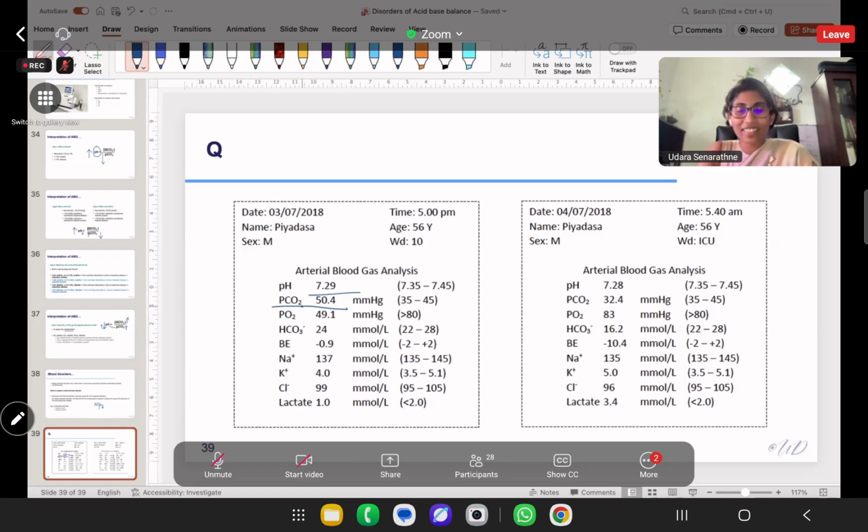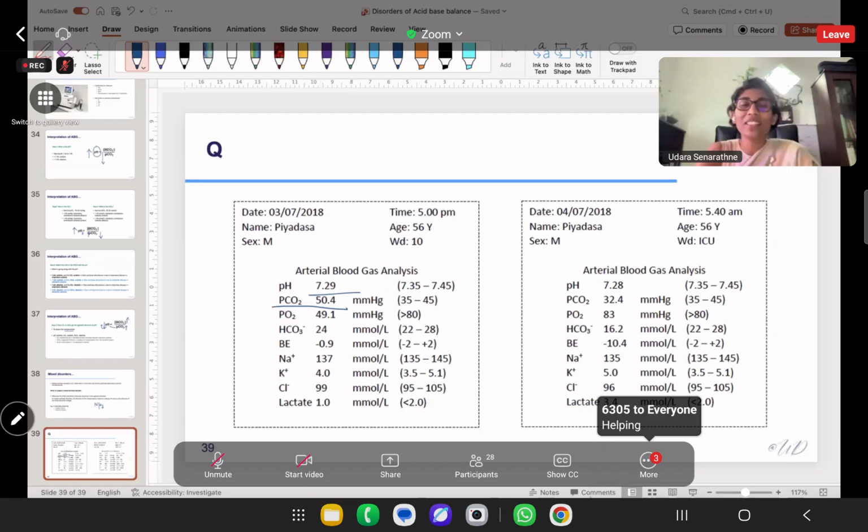So it is increased. When PCO2 is increased, is it helping the acidosis or going against acidosis? Is it contributing to the acidosis or not? Helping. Very good. So it is contributing to the acidosis.